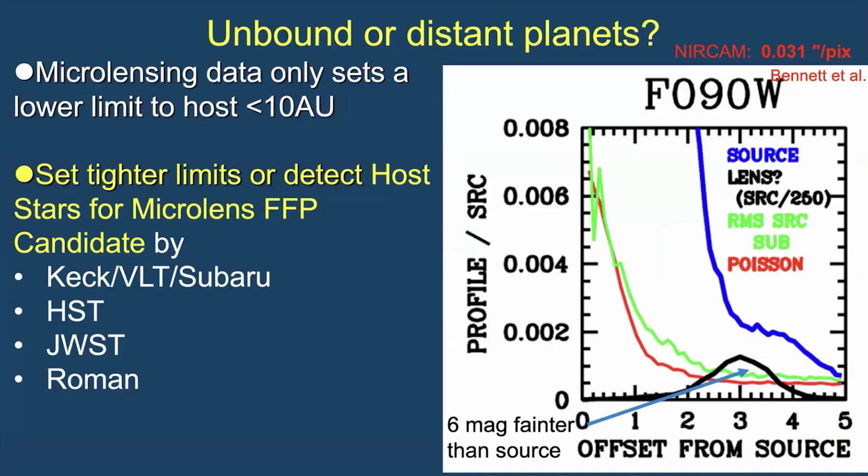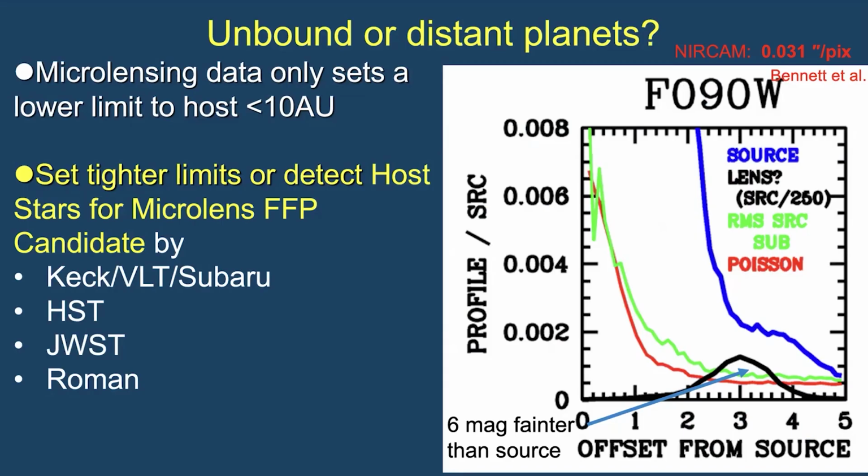So for the microlensing FFP candidates, we are not really sure whether they are unbound or distant planets, because microlensing data can only set a lower limit within 10 AU. One way is to try to set a tighter limit or detect a host star for the microlensing FFP candidate by high-resolution deep imaging with Keck, VLT, Subaru, HST, JWST, and also Roman itself.